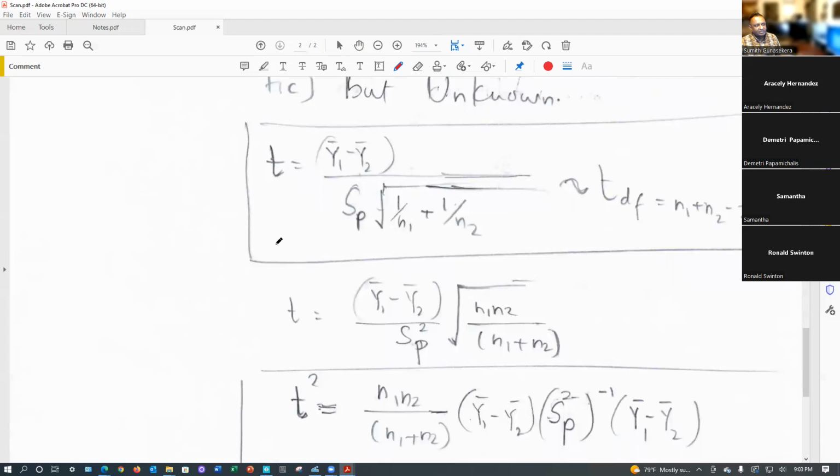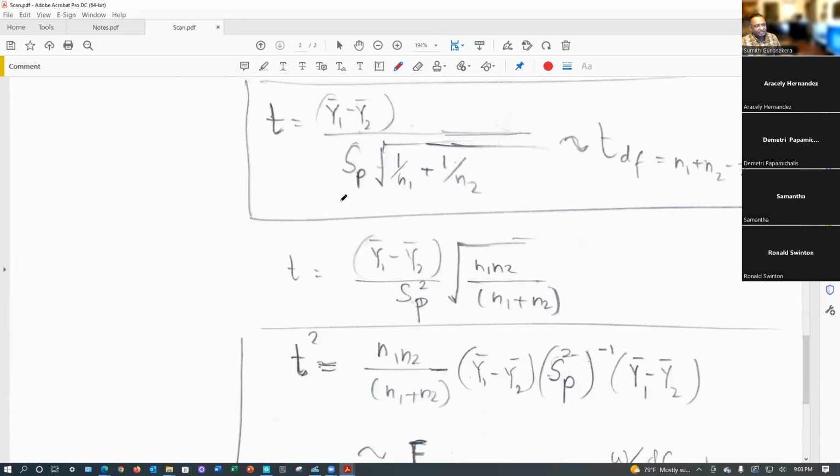Now what I'm going to do is square this one. Whatever I have, I'm going to square. I rearrange this one, and S_P I'm going to plug in here, along with the degrees of freedom. Not squared yet.